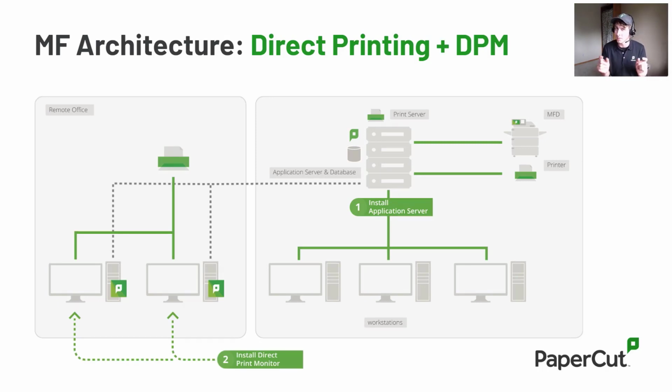So they each have a config properties file, and in that text file is an application server IP that you configure. You configure where they should talk or what they should talk to and get their commands from, which should be the app server. So direct print monitors also have a failure mode. So just bear in mind that if something goes wrong, you can keep things going in the event of an outage.